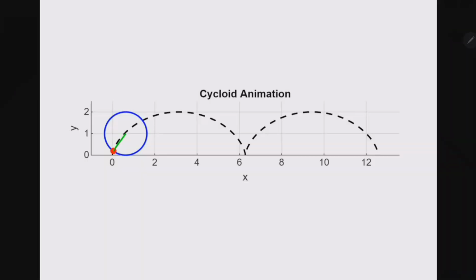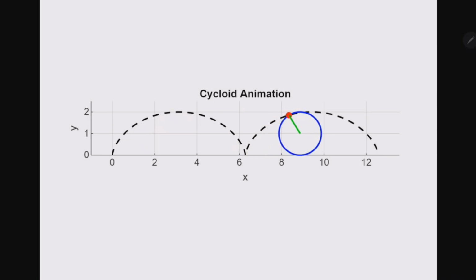For example, here we have this animation which is created in MATLAB. You can see the object has started its motion from zero, and there is a fixed point that is moving on the x-axis, and that point is actually making a cycloid.